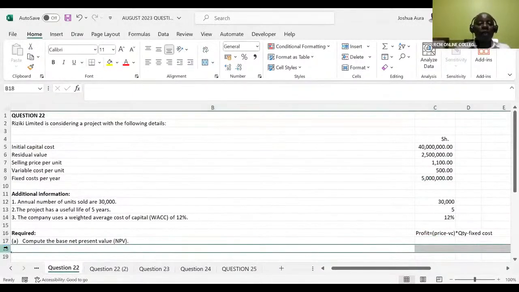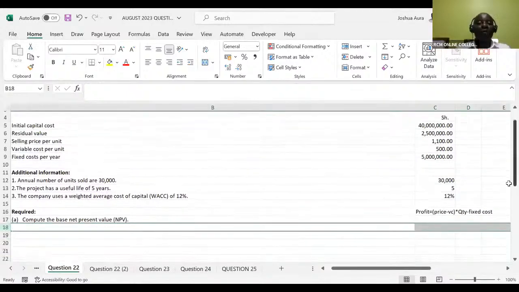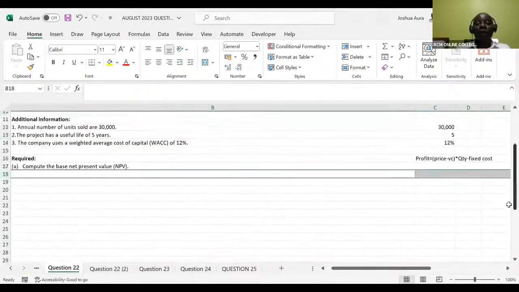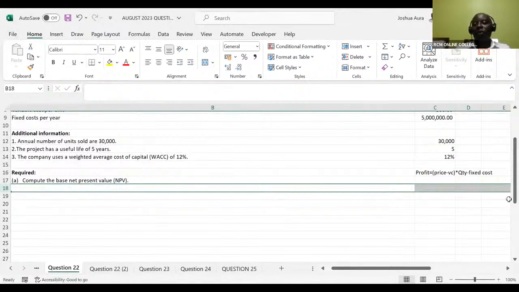What I need to do is add about 10 rows in between here. I hope we know the shortcut for adding a row.